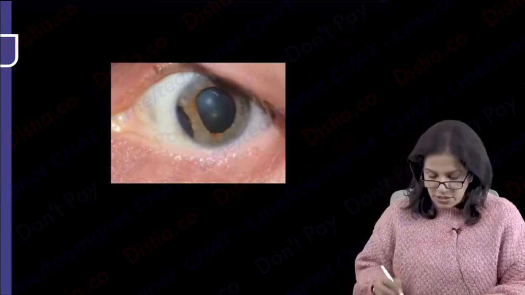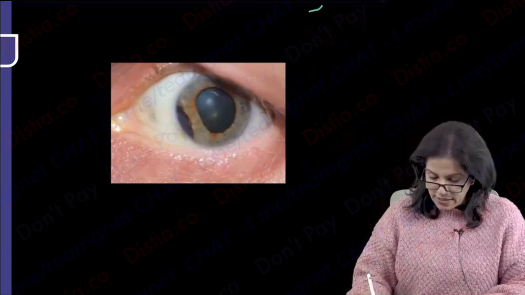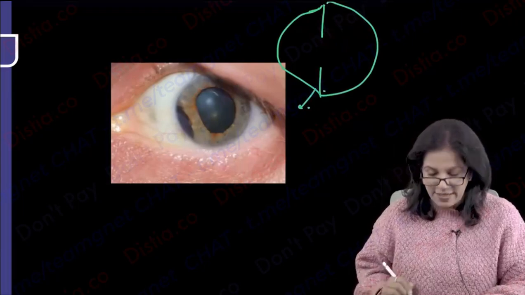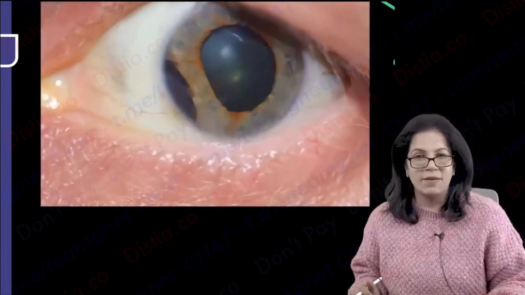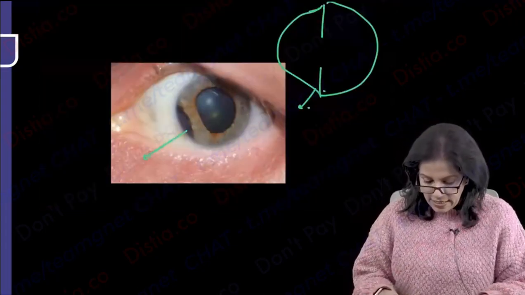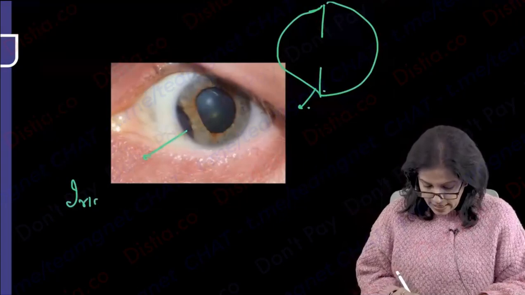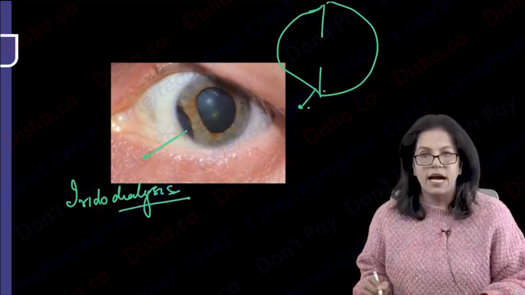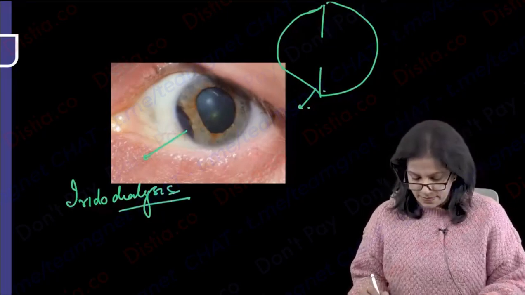What next? Behind the anterior chamber, the iris. So you can draw it in the same diagram like this. Iris you can draw. Can you see this? We have learnt this in the uveitis chapter also. Any disinsertion from the root is what is called iridodialysis. Disinsertion from the root is iridodialysis.